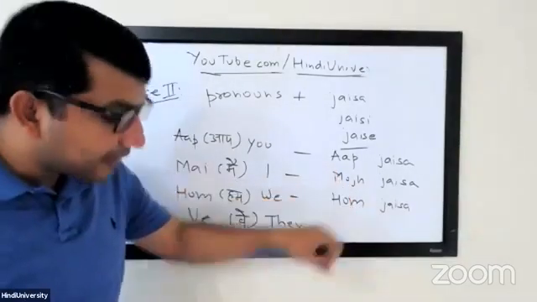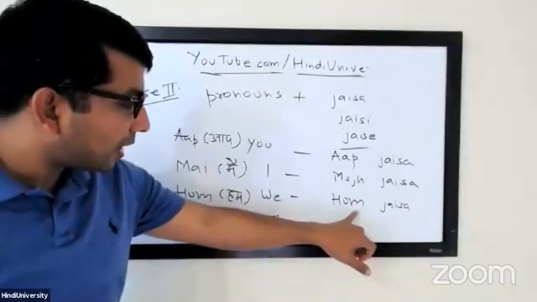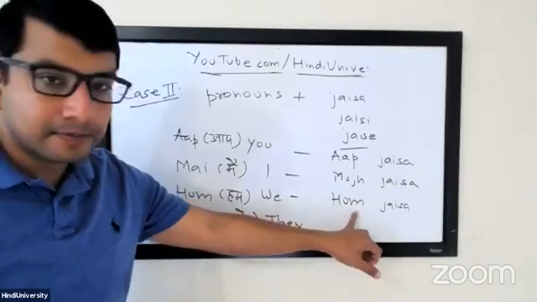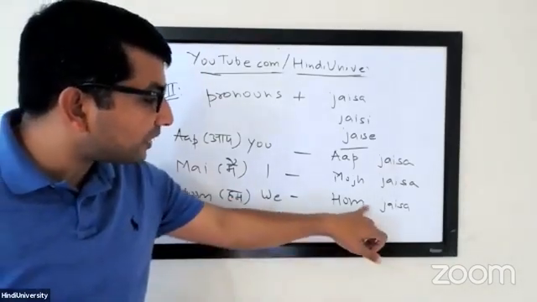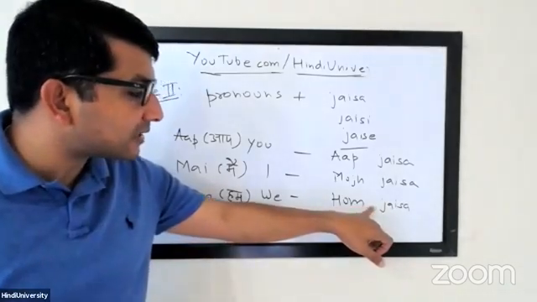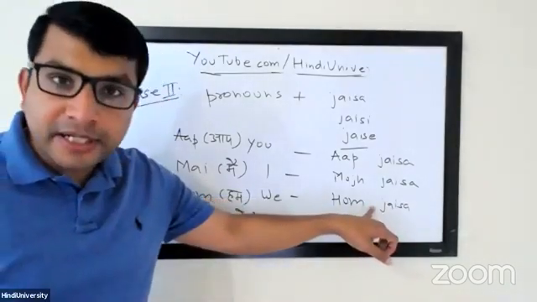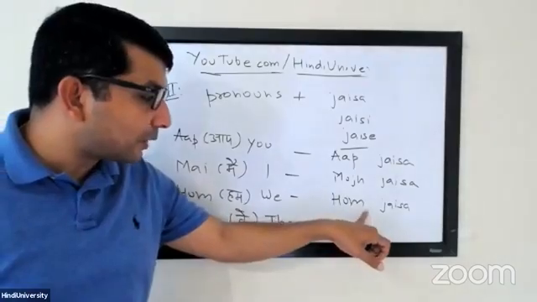Next one. Why do you not see that, please, Ashu Ji? Because hum is in the oblique case, correct? The oblique case of hum is hum. That's why it's hum jaisa. The question was, can we also have hamare jaisa? Which is correct, if you're using a possessive pronoun.